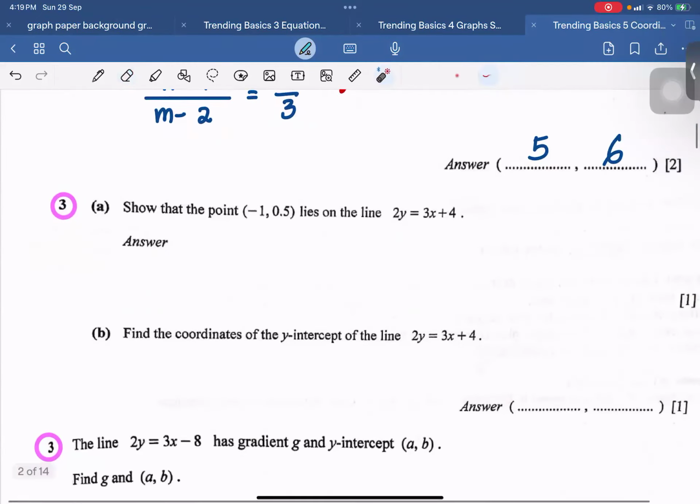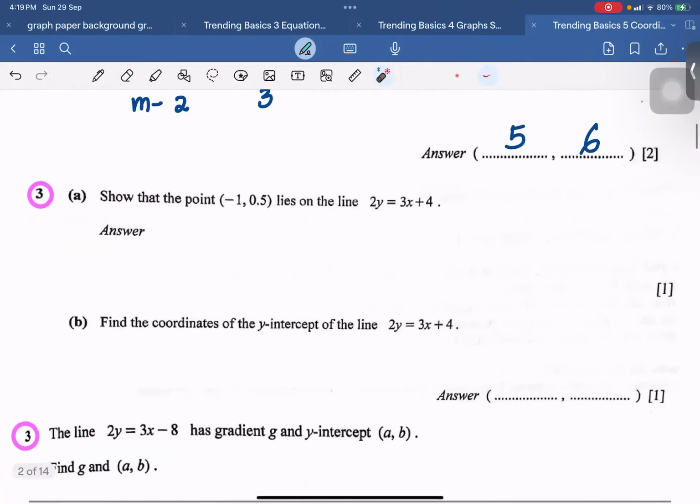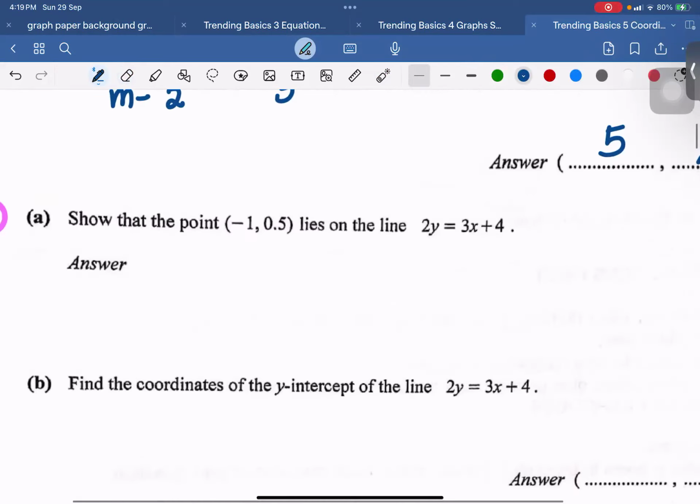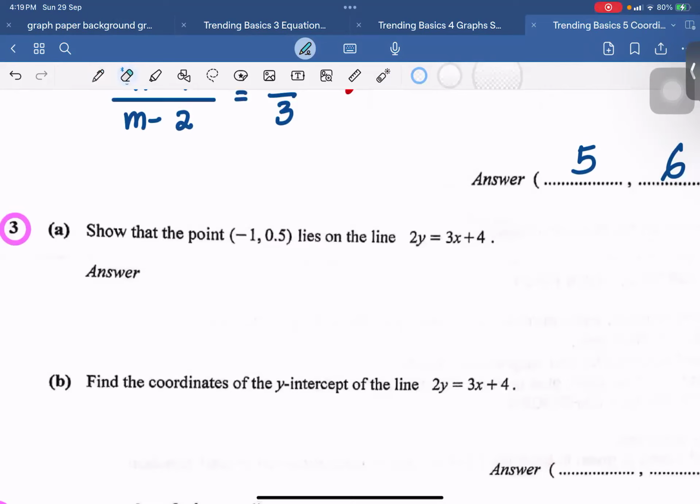This question actually is a Sec 1 concept, a very basic concept, but seldom tested. Okay, show that the point lies on the graph, on this line. Majority of the time, you will substitute both values. But then when you substitute both values, you got nothing to check.